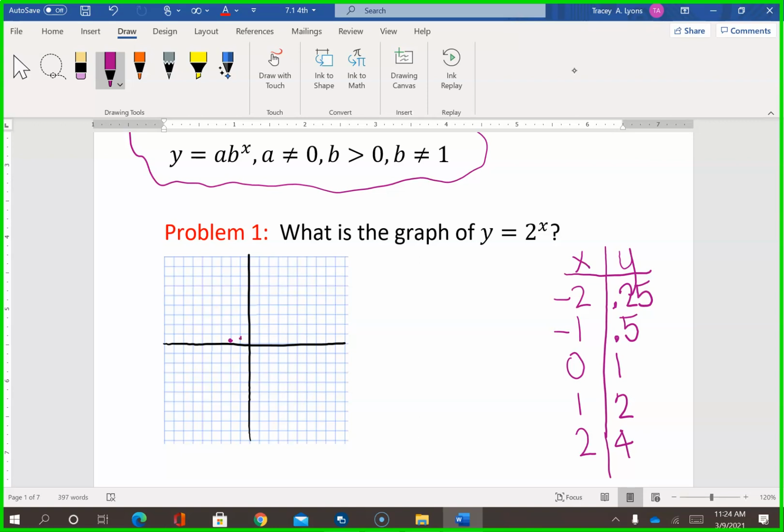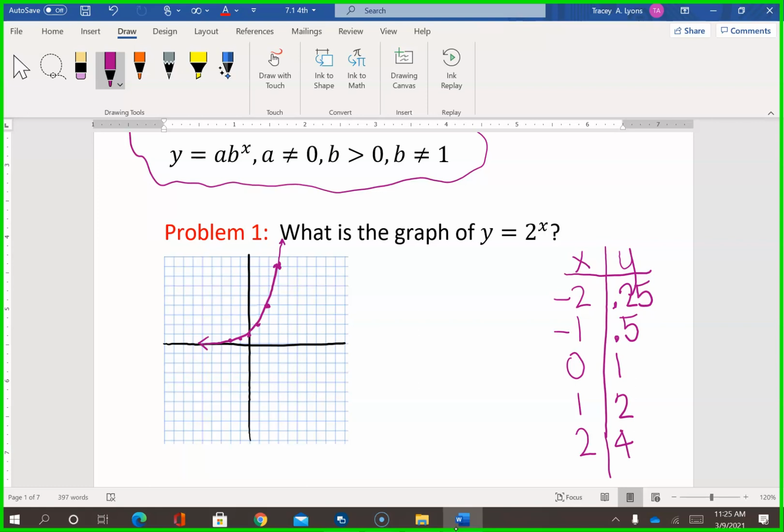Negative 1 is 0.5. 0 is 1. 1 is 2. 2 is 4. Now mine veered off a little bit. I don't like that. Just a second. Kind of goes like that. Now, if you did 3, 2 to the third power would be 8. So where it veers up like that, it should be up there about 8, which is right where that arrow is. So that's pretty good.